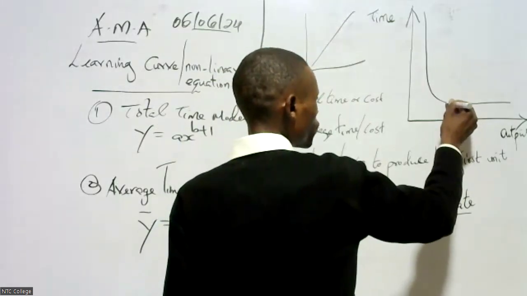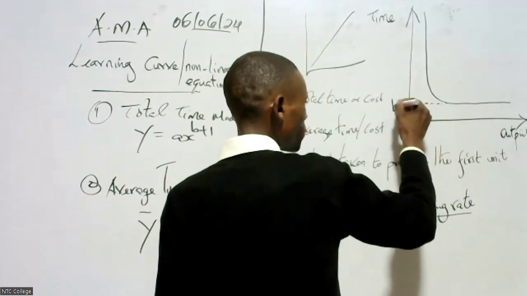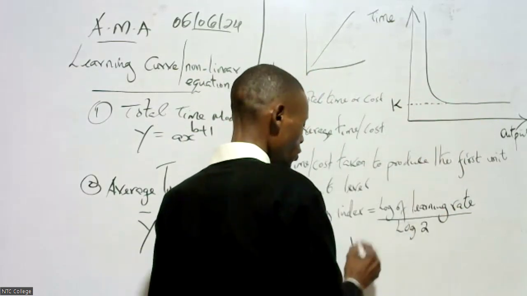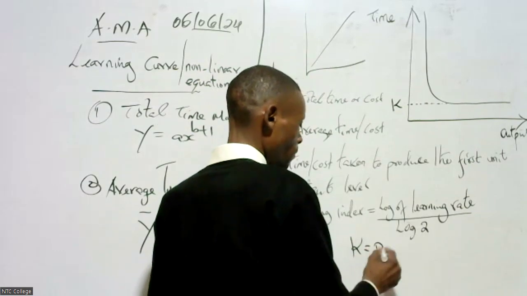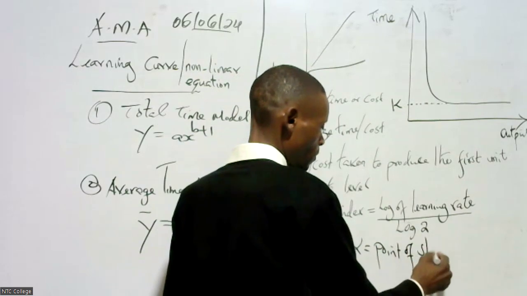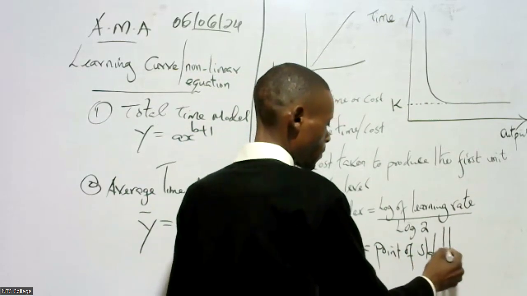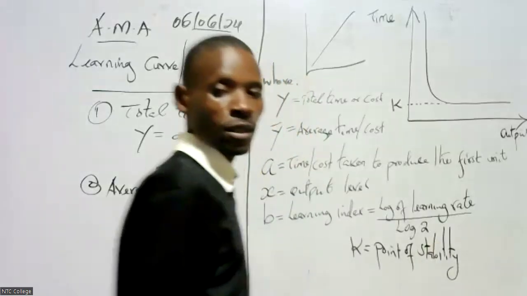Then you ensure that the point of stability is denoted by K. K is the point of stability.